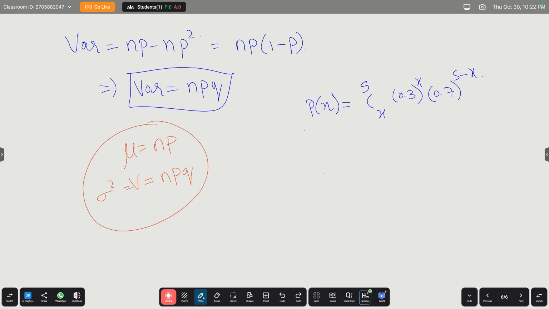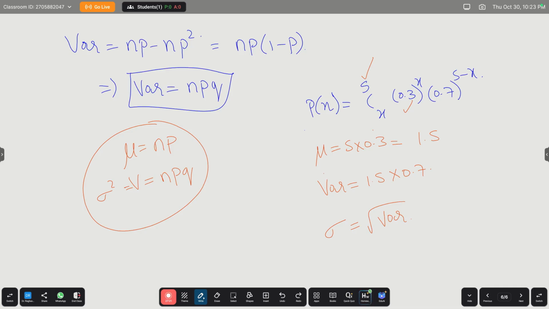Very easily I can identify that n is 5 and p is 0.3. So mean will be 5 into 0.3, which is 1.5. And further, if you want variance, you just have to calculate 5 into 0.3 into 0.7, which is q. And standard deviation, of course, is the square root of variance. Okay, so hope you are clear with this.